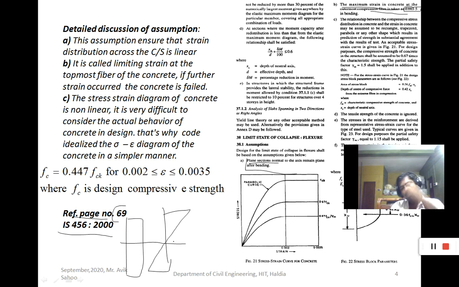So it means the maximum strain of concrete should not be more than 0.0035. If it is more than 0.0035, then the section fails under load. So this is called the limiting strain. If further strain occurs, then the concrete has failed.